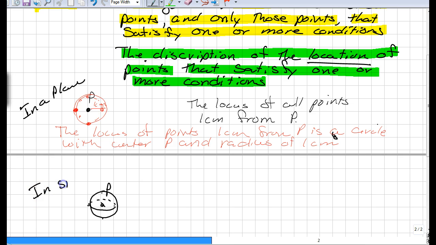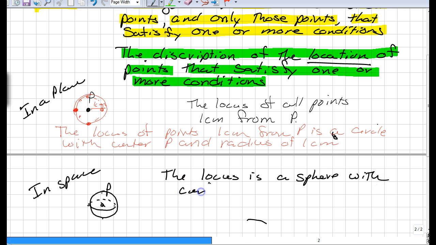In space, the locus of points 1 centimeter from P is a sphere. So we would say the locus is a sphere with center P and radius of 1 centimeter.